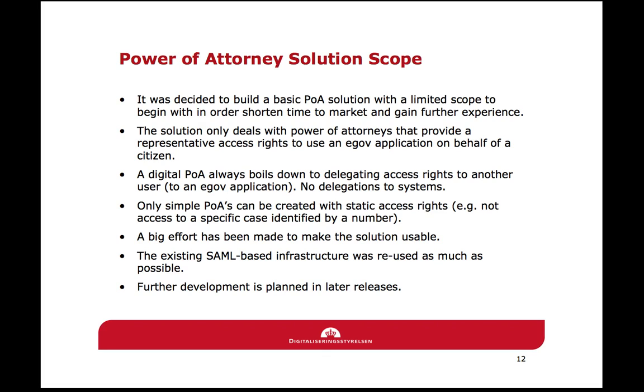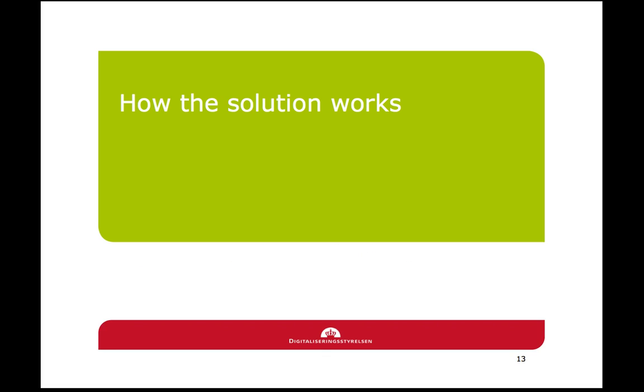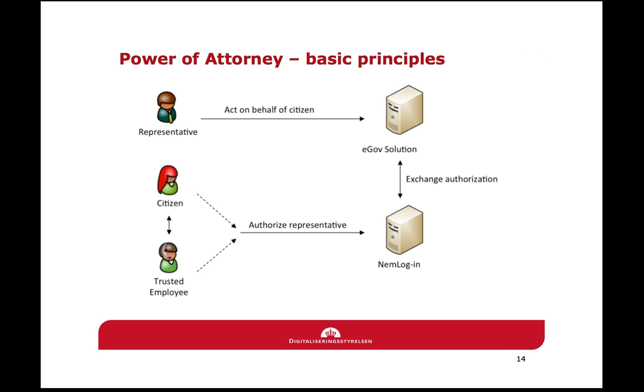If we go to slide number 14, you can see how the solution works from a very high level perspective. At the bottom we have NemLogin, and we built an application where a citizen can log in and issue a power of attorney.